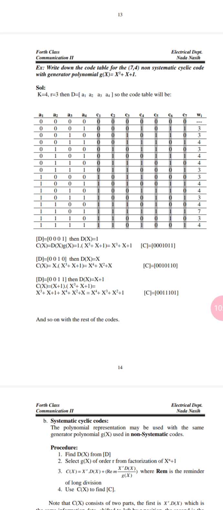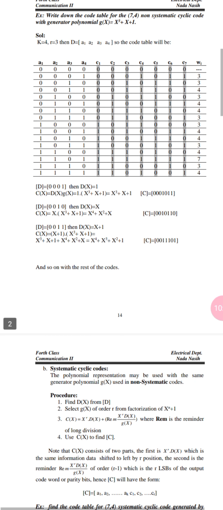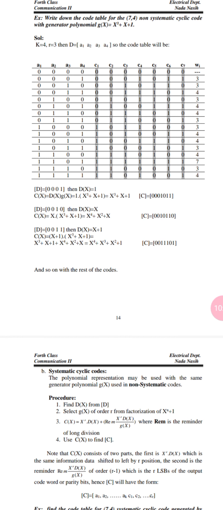Like that we will find up to four 1s, the c value. In the table, the last column is W, which is the number of ones present. Like that we have to solve this, okay?